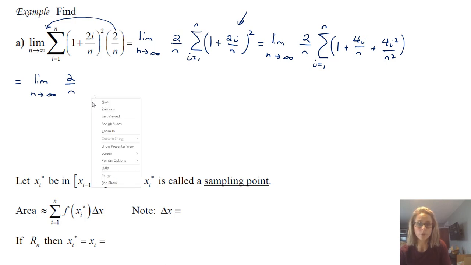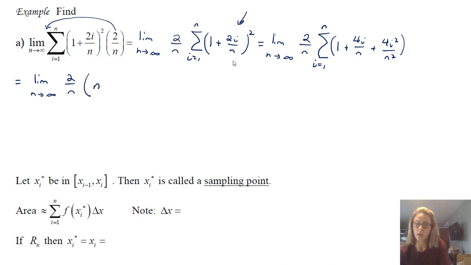So what we've learned already from talking about these is that when we sum 1, we get n. So now I'm actually doing the summation of each piece. So this piece, and then this piece, and then this piece, plus the summation of i. So I have 4i over n. So I have 4 over n times the summation of i, and that is n times n plus 1 over 2.